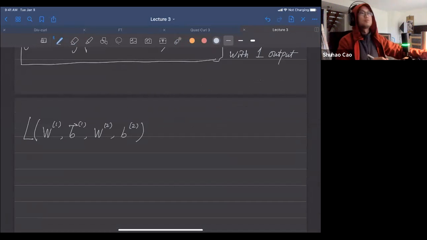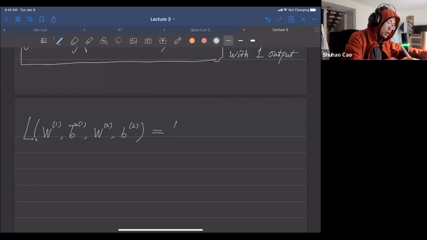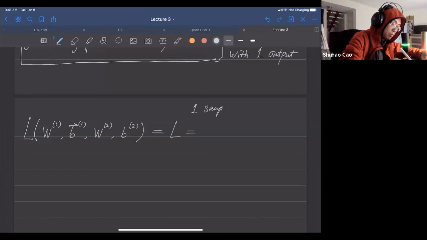Okay. So we just denote this in short as L. And L is defined by, suppose we only have one sample. Okay, so one sample. It is then y hat subtract y, squared.